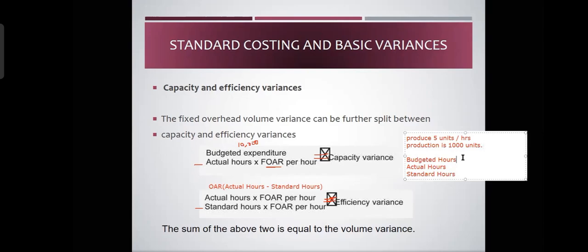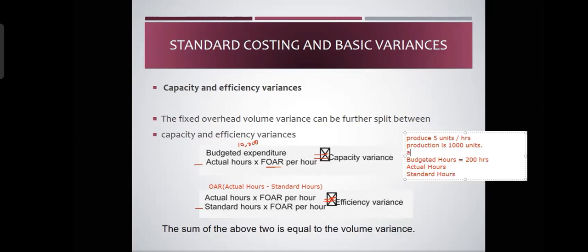In this case, your budgeted hours are 1,000 divided by 5, 200 hours, because you are planning to make 5 units per hour and produce 1,000 units in total per month or whatever time period. 5 units per hour is the speed, so you need 200 hours to produce 1,000 units. This is called budgeted hours.